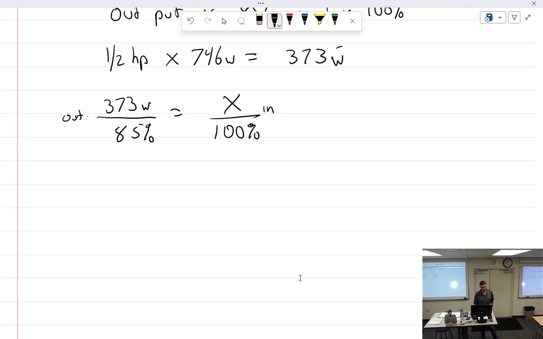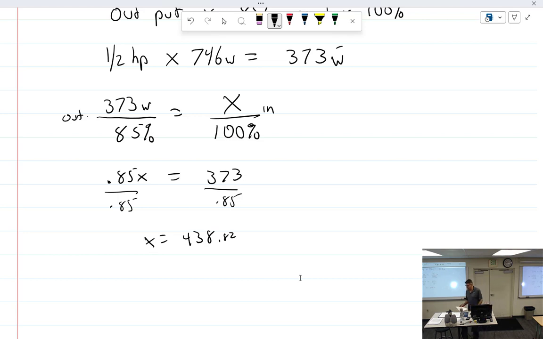So we have 0.85x equals 373. Now we just divide by 0.85, and we end up with x equals 438.82. So what does that mean?